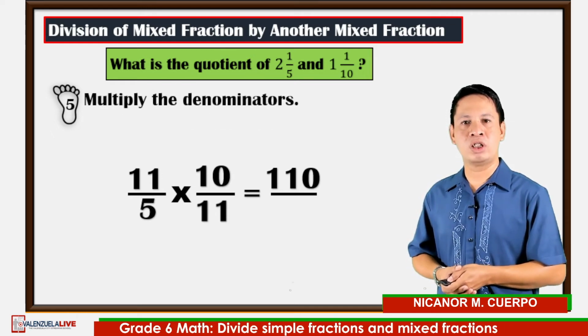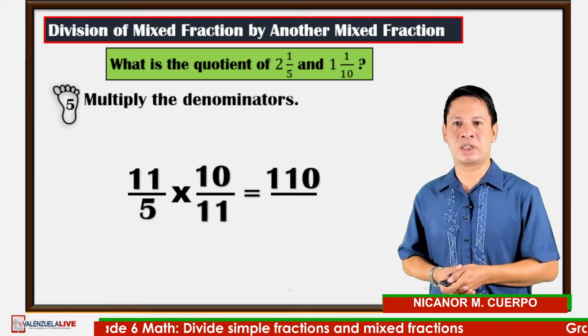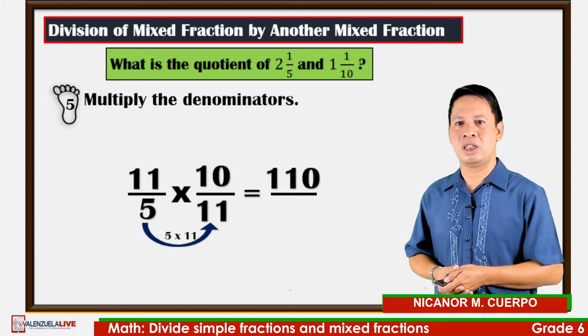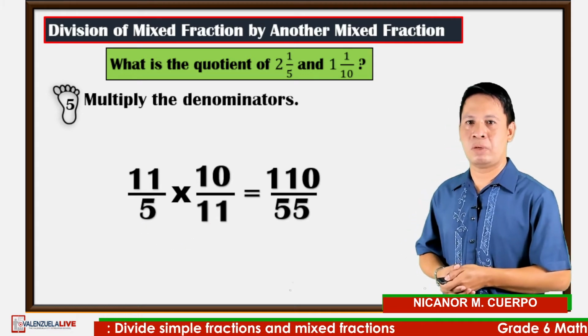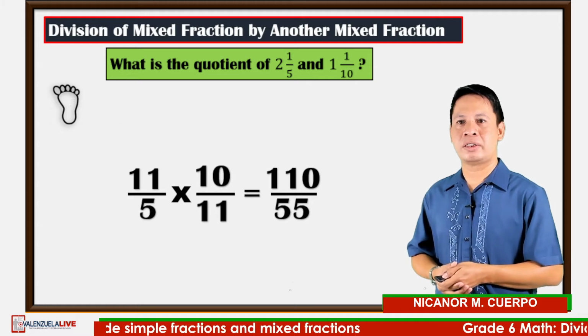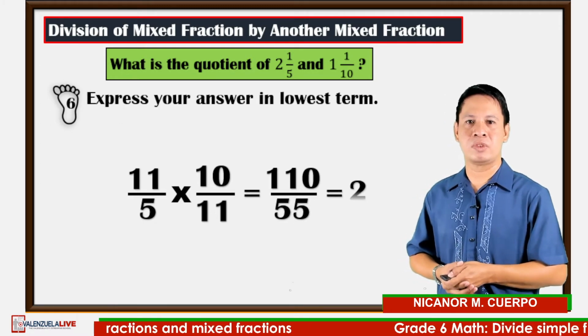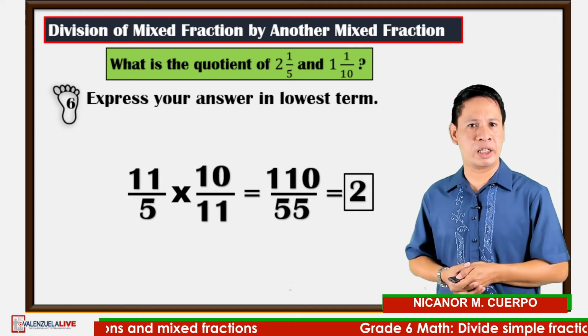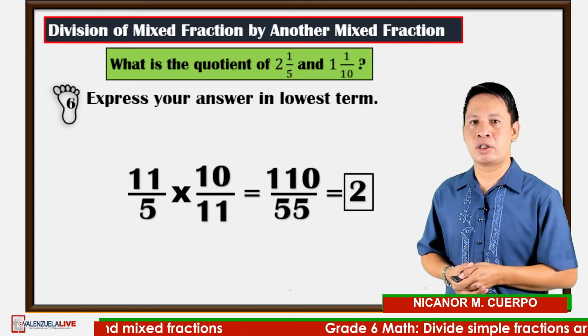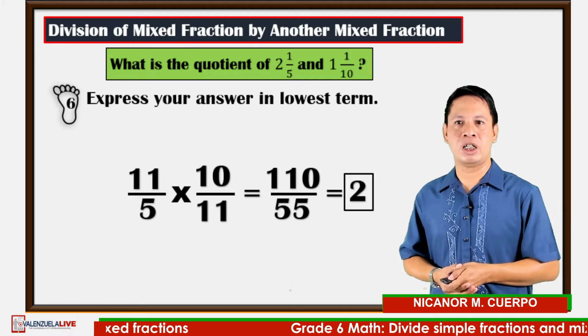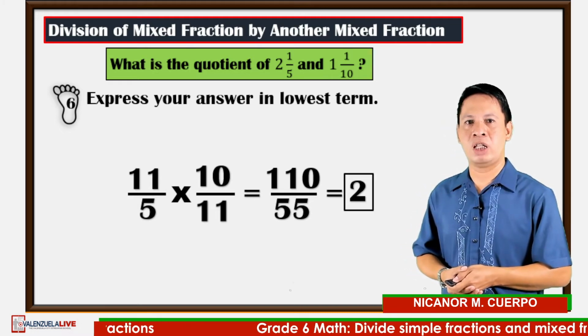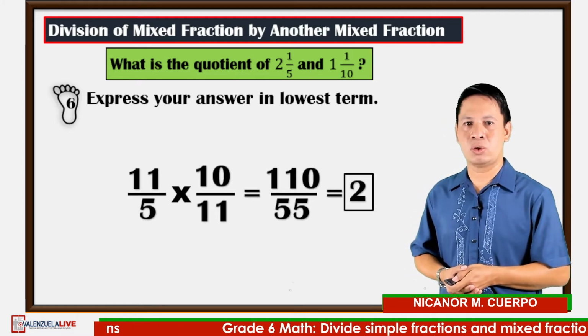Step 5, multiply the denominators. 5 times 11 equals 55. Step 6, express your answer in lowest terms. So how many 55 are there in 110? Correct. There are 2. So the answer when we divide 2 and 1/5 by 1 and 1/10 is 2.